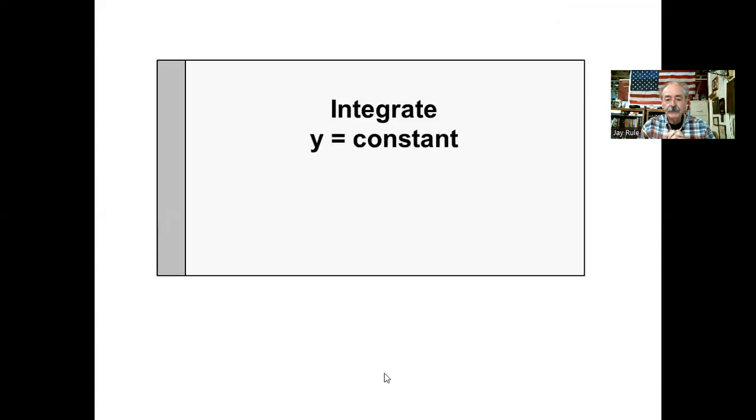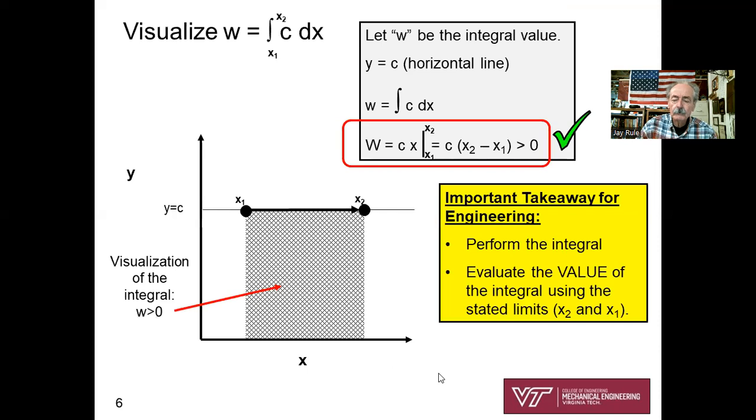All right, so let's start with an example problem of integrating a very easy function, y equals a constant. What will that look like on y versus x axes? It's going to be a horizontal line. So, area under the curve.